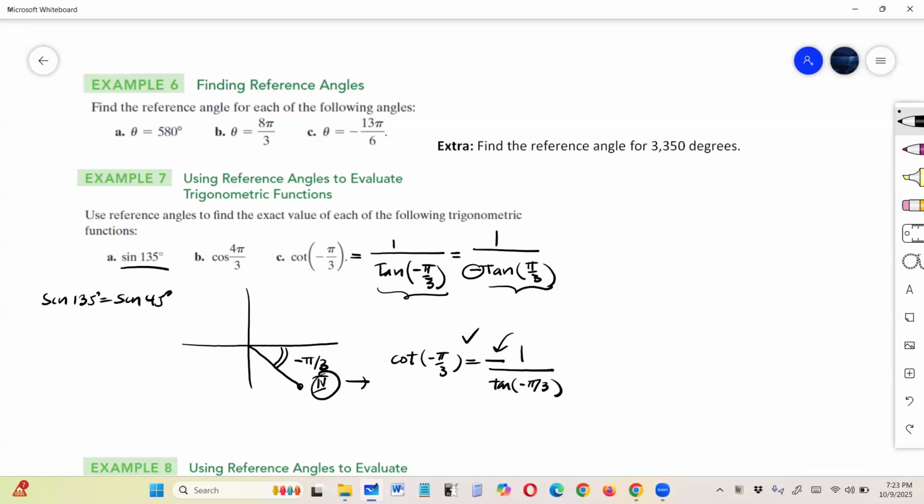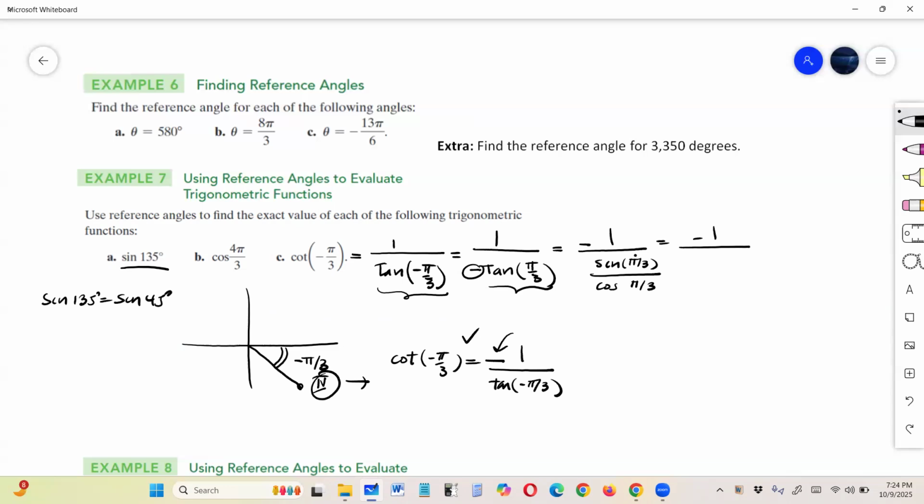All right, so tangent of, so I know there's going to be a minus here. So 1 over, and if you want to do it, sine pi over 3, cosine pi over 3, if you want to do it that way. So what is sine?